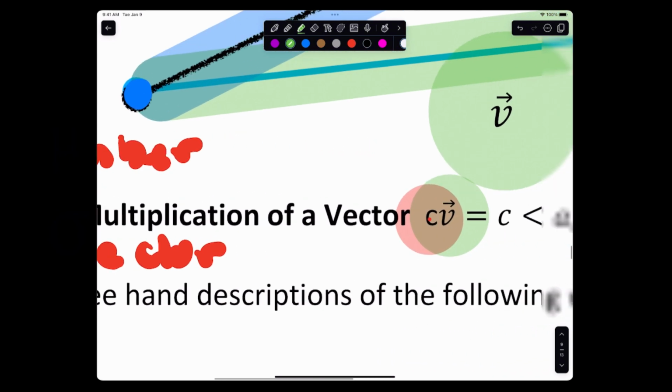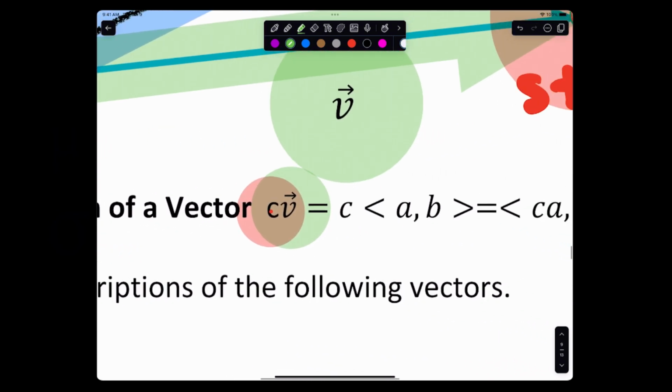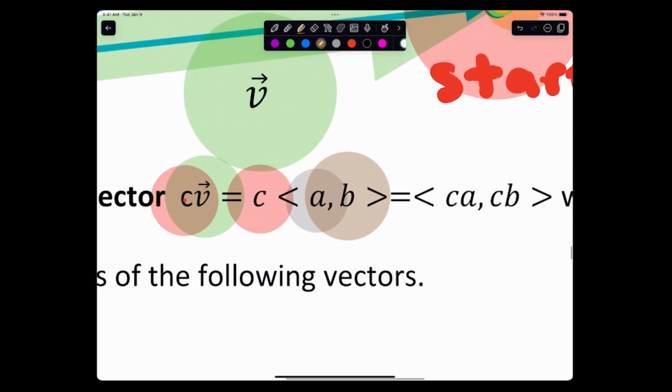Component-wise. And I'll say what we do is we take that C. Here's the vector V. Here's the first component. Here's A. Here's B, those first components. And really what you do is you distribute. Yeah. You multiply C to both of the components. So you go, does that mean now I have what? Well, it says, you know what?